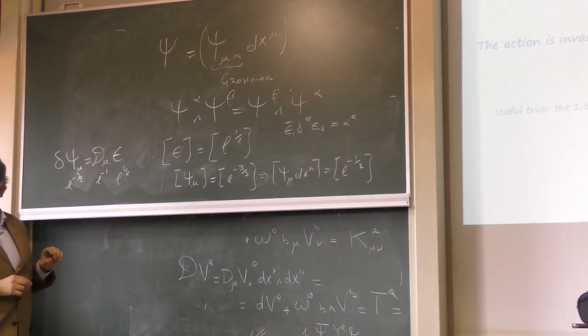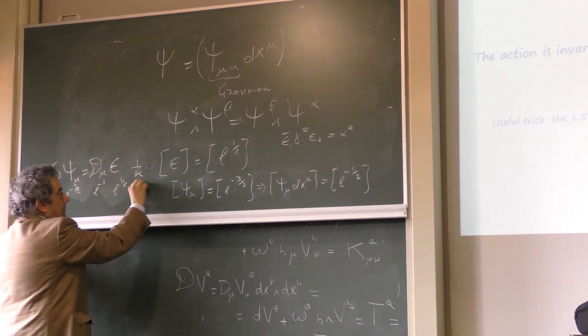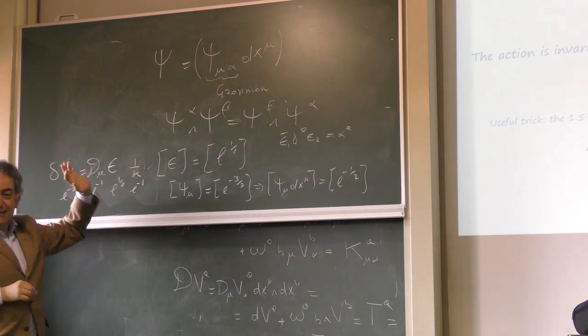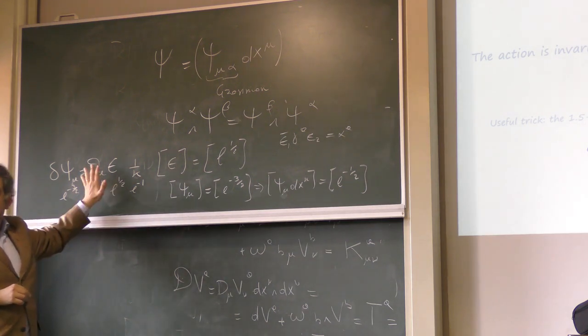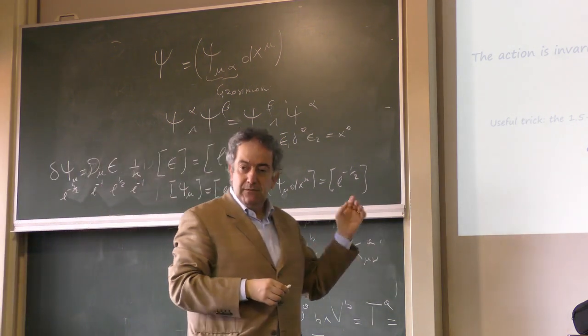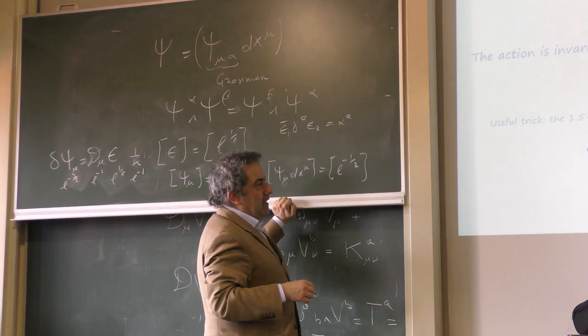So it's not good. I have to multiply times 1 over kappa, length -1, because kappa has the dimension of a length. So you need that in order for the dimensions to come out right.